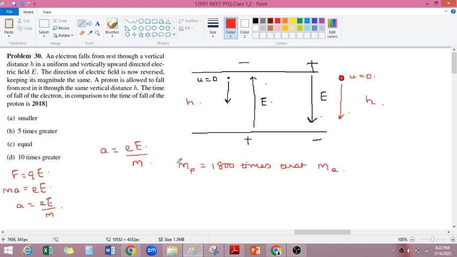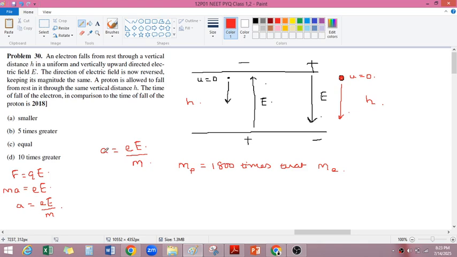So mass of proton is very heavy compared to electron, which means acceleration of electron will be very high, which means the time taken will be very low.